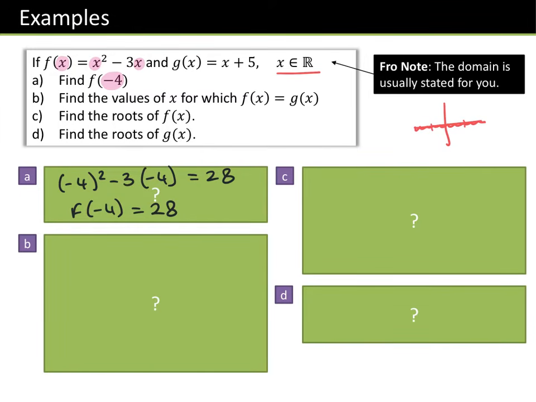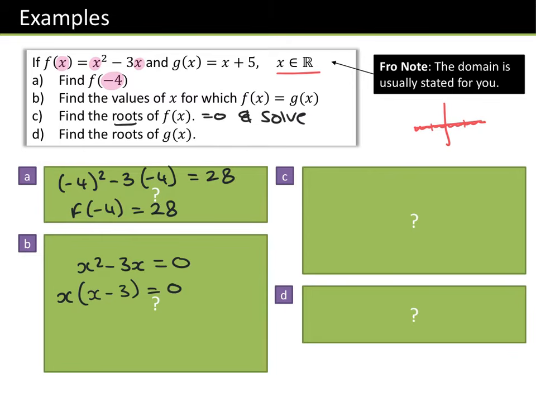Find the roots of f of x. When we're finding the roots, that means we are solving it. We put it equal to 0 and we solve it. If it says find the roots, equal to 0 and solve. So we're going to get x squared minus 3x equals 0. In this case, we can factorise. X brackets, x minus 3 equals 0.